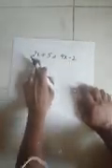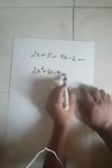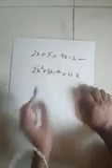Since the variable used here is x and the power of this is 1, this is called a linear equation. But if you are taking an equation like this, this is not a linear equation, this is a quadratic equation because there is an x square.